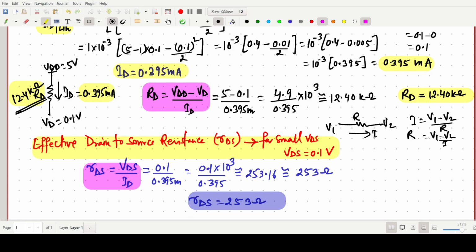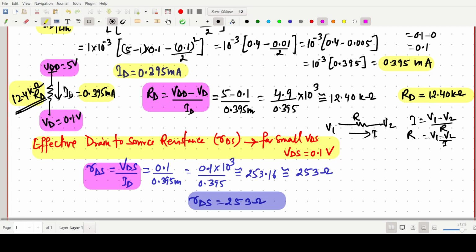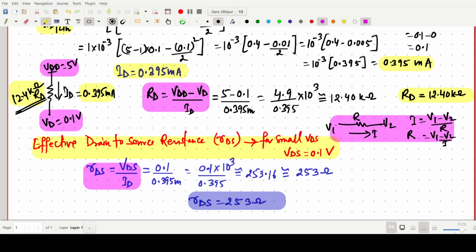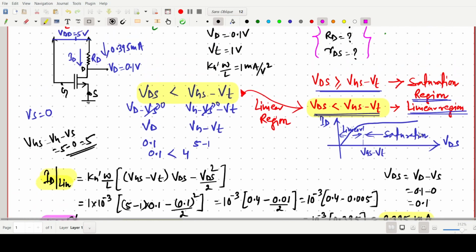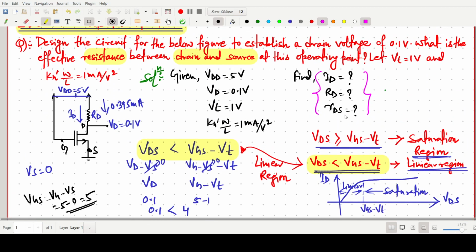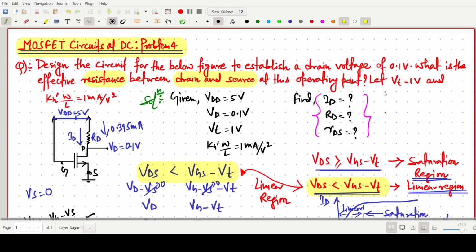Like that, we can find the value of effective drain to source resistance. Very simply, we can find the RD value, VDD minus VD by ID. So this one is the concept, means how to deal with it. So the drain current is now known to us. Everything we have the value. So now I am just writing the values that we observed here.